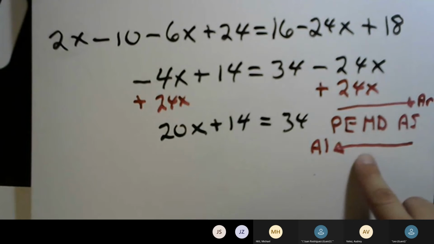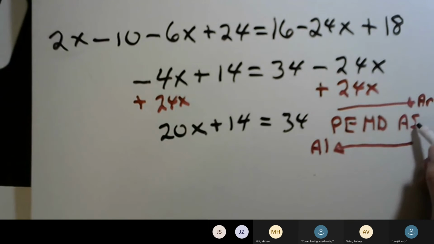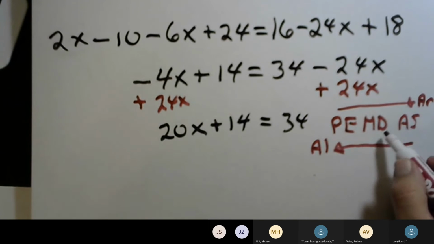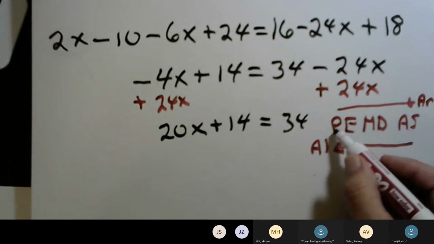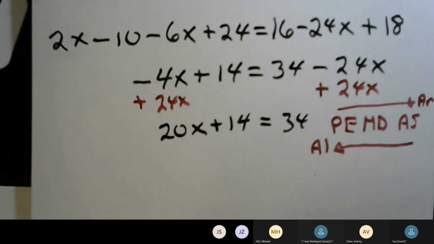And instead of doing the operations, we do the opposite. We cancel. We're going to cancel subtraction and addition first, then cancel multiplications and divisions, then exponents and roots, and then we deal with whatever's inside the parentheses.